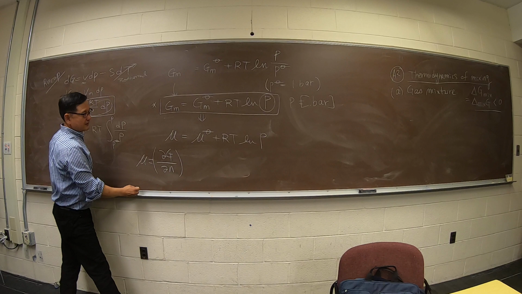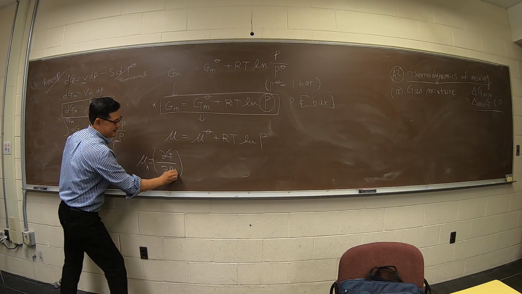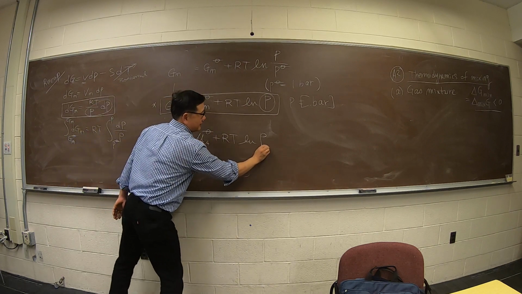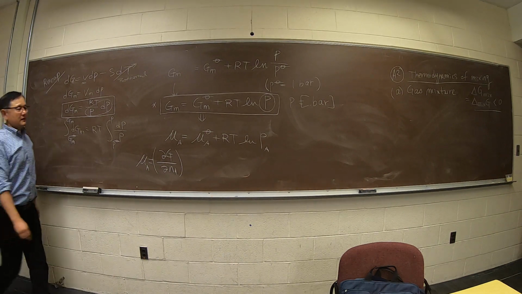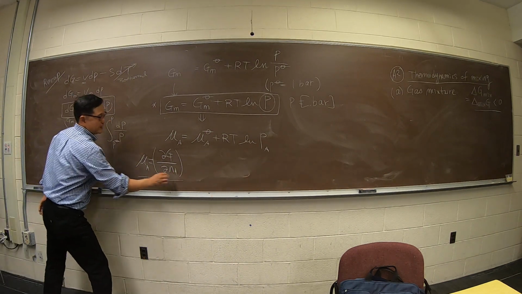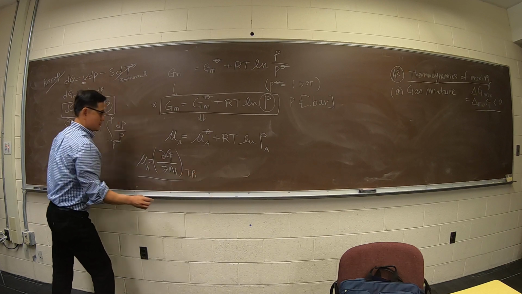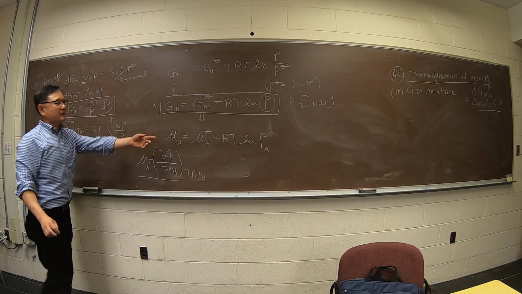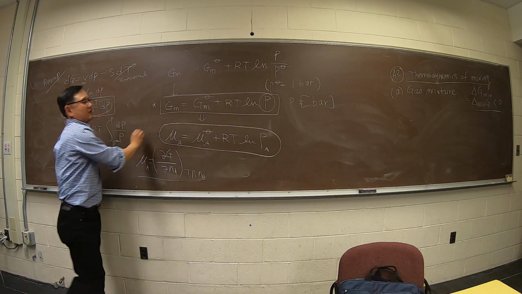Well, I cannot do that, so I guess I have to put an A there. Compound A. And that's an equation that I can come up with, because this is the molar Gibbs free energy at constant temperature and pressure. And this is an equation that I can use.